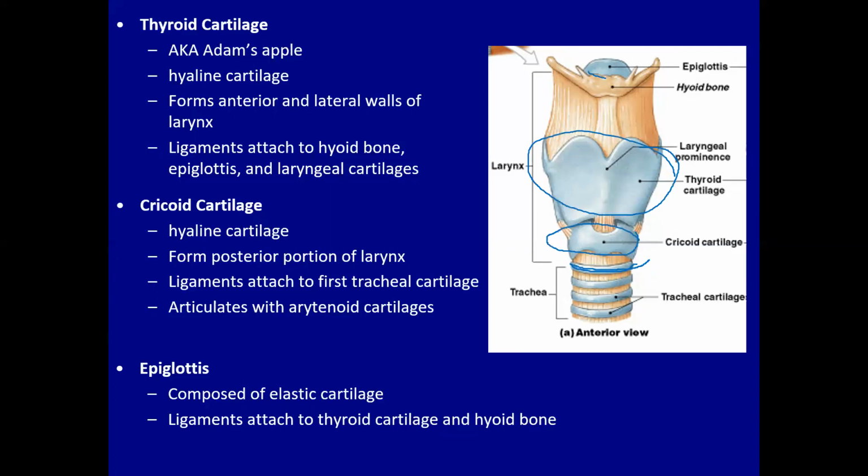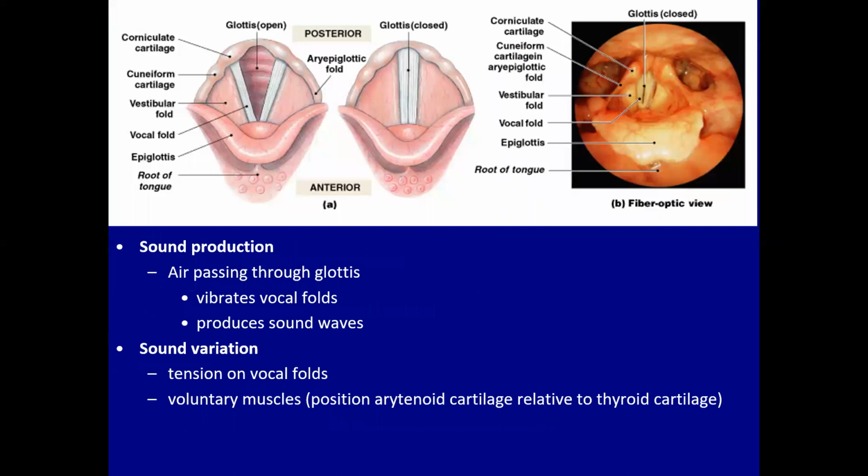The epiglottis is this one right here, and I don't like that it's colored the same way because it makes you think that it's exactly the same, and it's not. It's elastic cartilage, and the action of hyaline cartilage and elastic cartilage are totally different. Your epiglottis is much better demonstrated by this image right here.